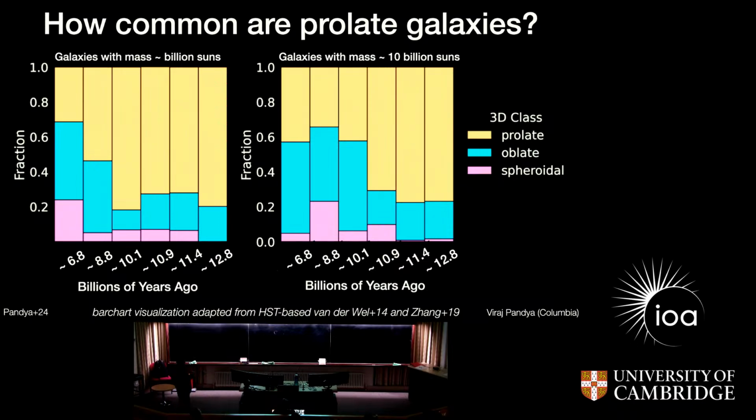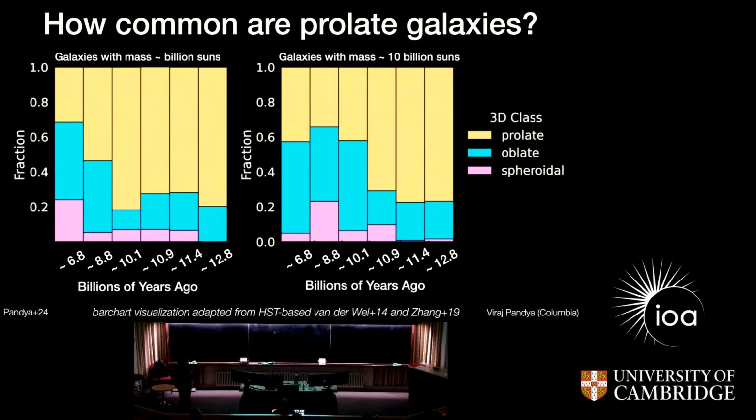So here is the fraction of galaxies as a function of the look-back time for two basic mass bins. Galaxies that have total mass in stars of about 1 billion suns, and then galaxies that are about a factor of 10 even more massive.